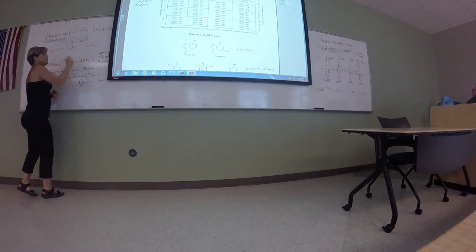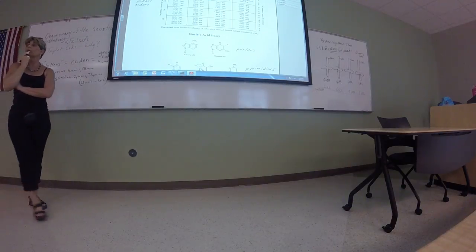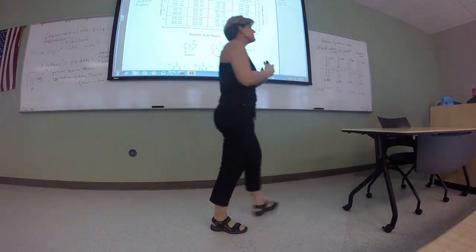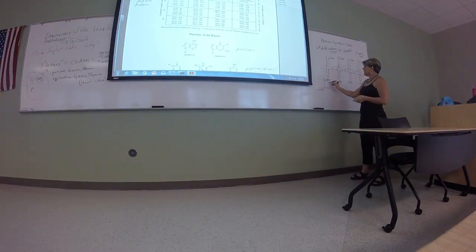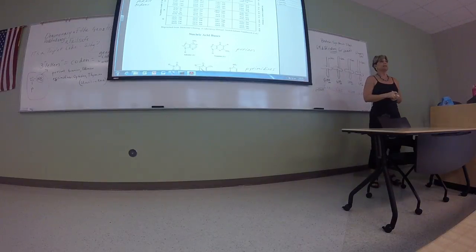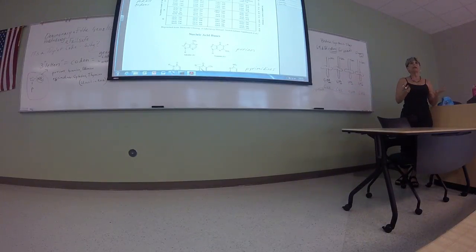So even if the cell makes a mistake in that 3rd letter, you still get the same amino acid. So let's say my mRNA had a mistake in it because there was a mistake in the DNA, because it's a mutation. But I still get the same amino acid.